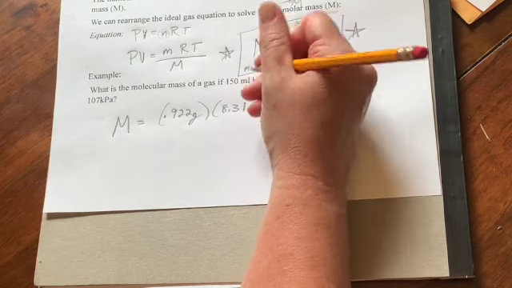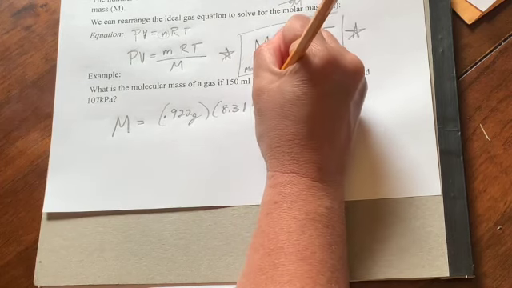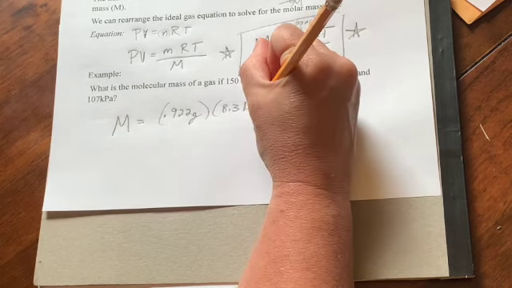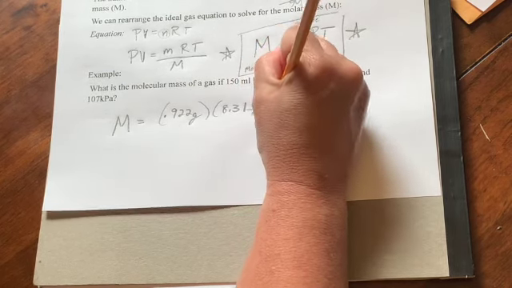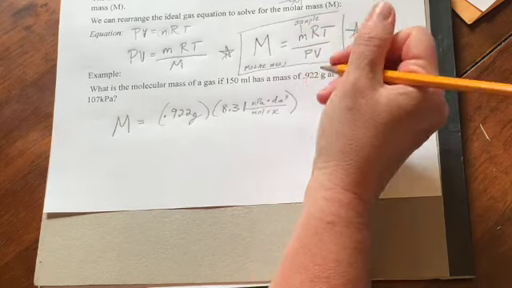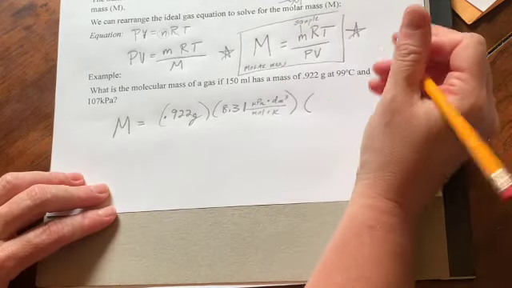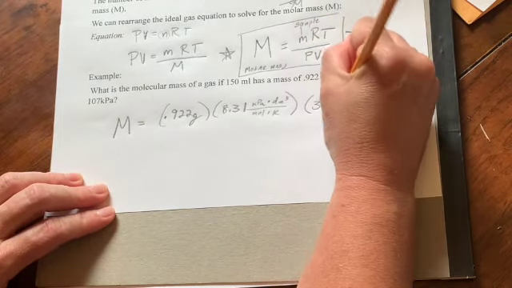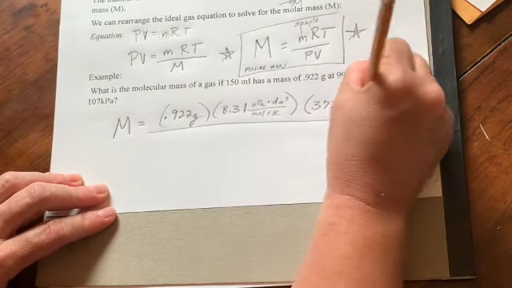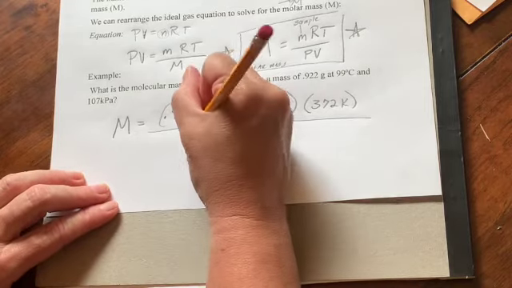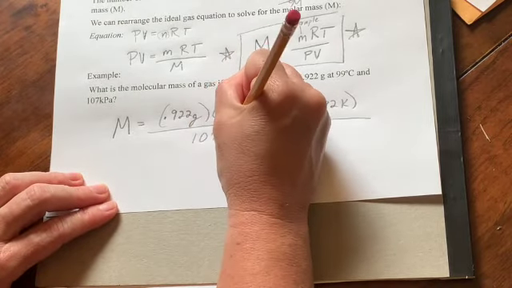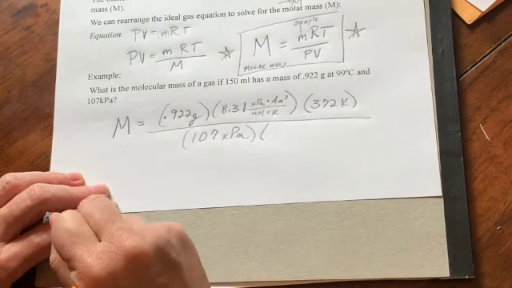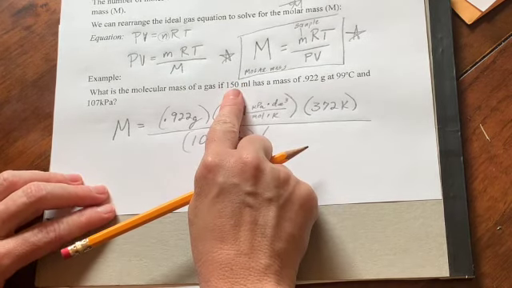We remember the units for R, kPa times decimeter cubed over moles times Kelvin, and you don't have to write these every time. Then our temperature, 99 degrees Celsius plus 273 is 372 Kelvin, over our pressure, which is 107 kPa, times our volume of 150 milliliters.